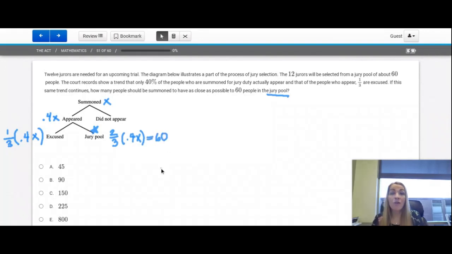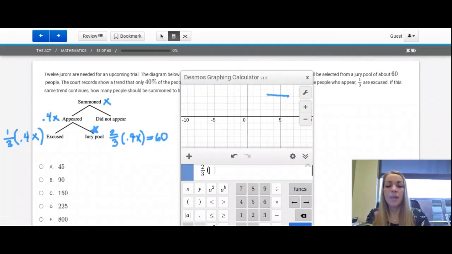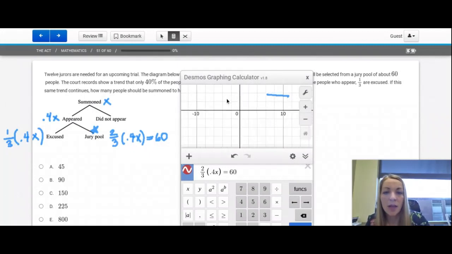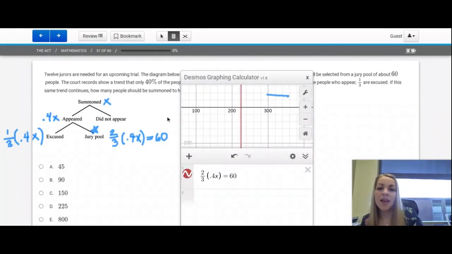Now we're going to solve for X. I'm going to use Desmos to do this quickly and efficiently. 2/3 times 0.4 X equals 60. And scroll out. I'm seeing my line. Looks like it's right past 200 and less than 300, so it's got to be D, 225.